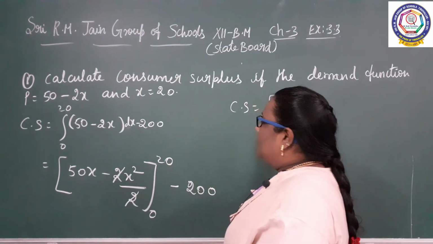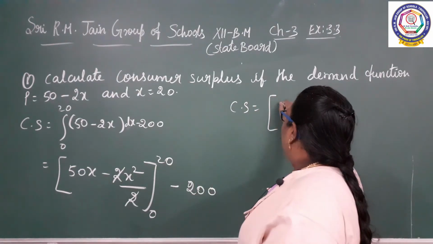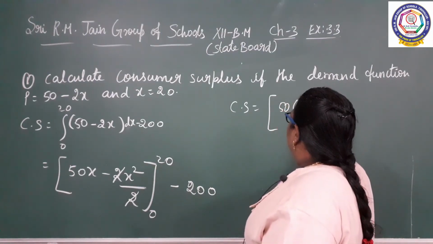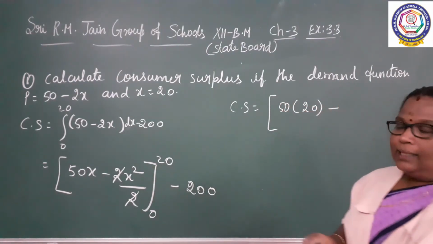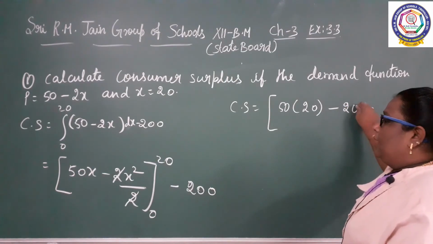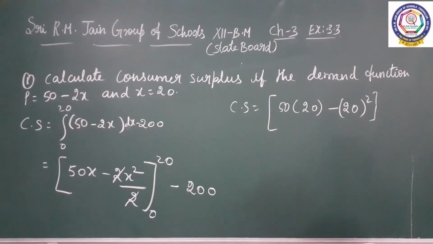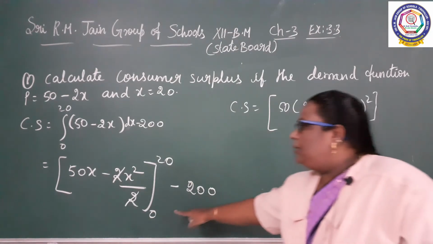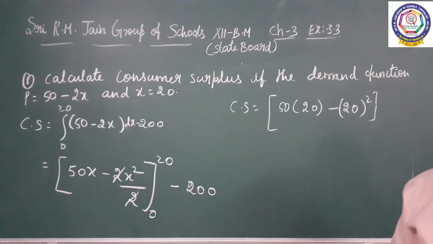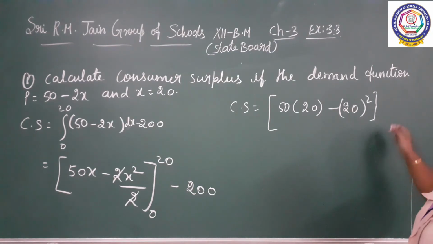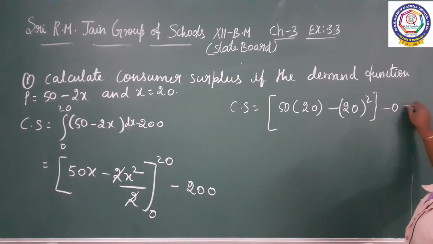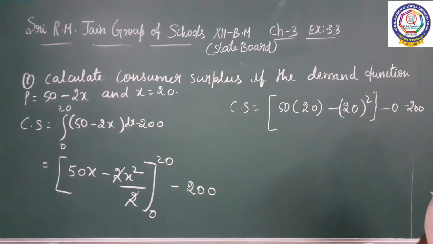Upper limit is 50 into 20 minus 20 the whole square. What is the lower limit? Lower limit is 0. Any number multiplied by 0 gives 0, so it is 0 only, minus 200.